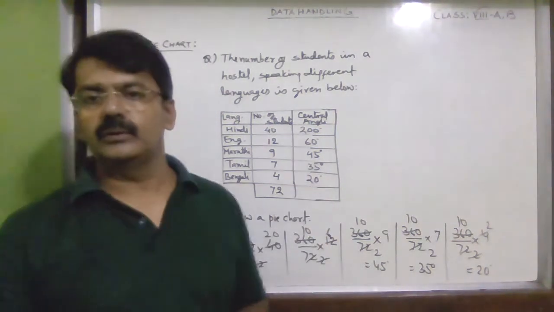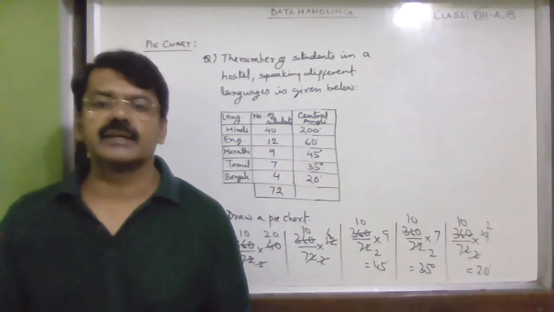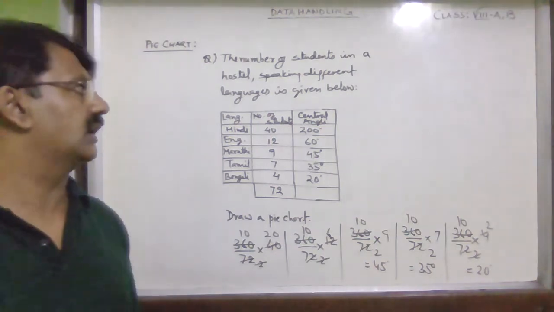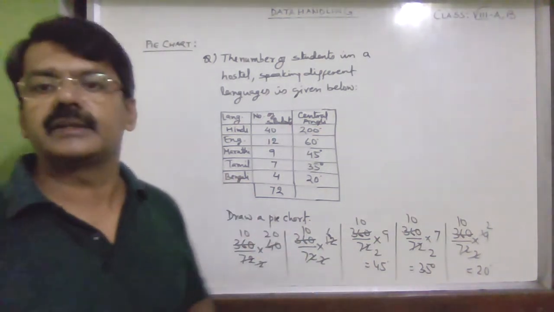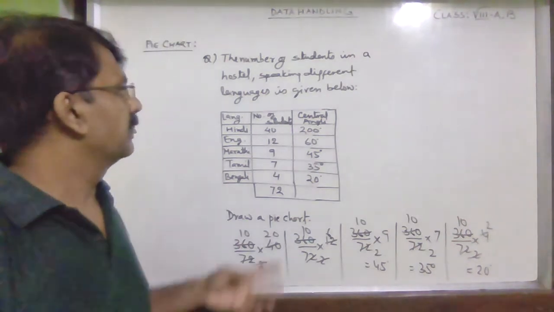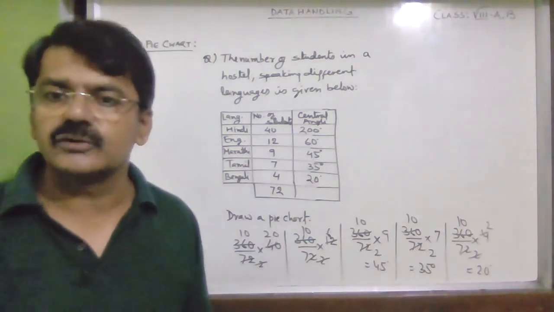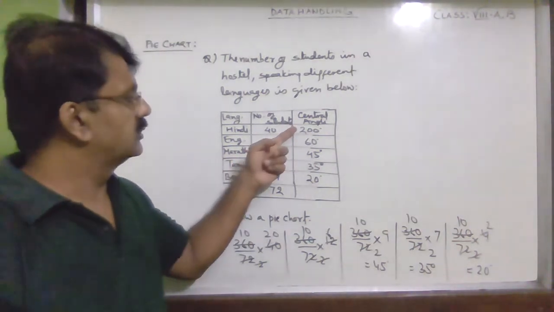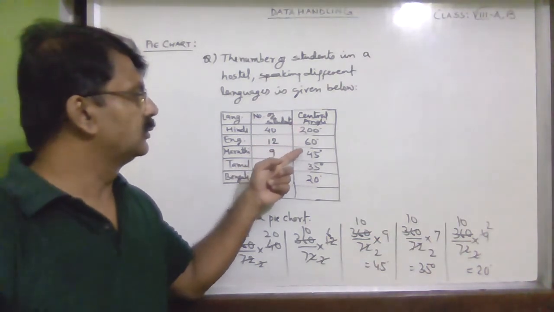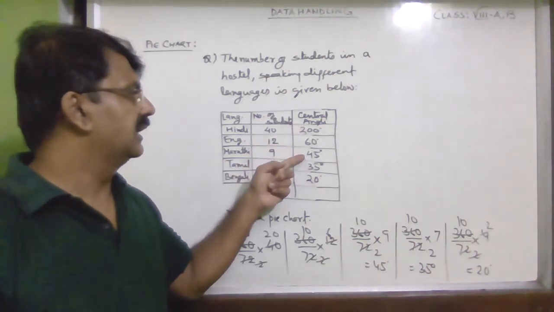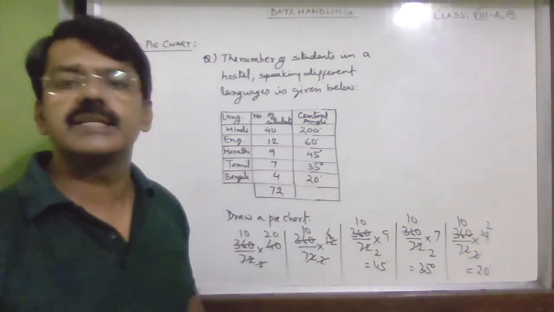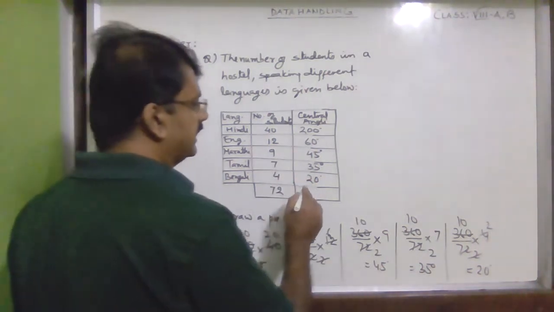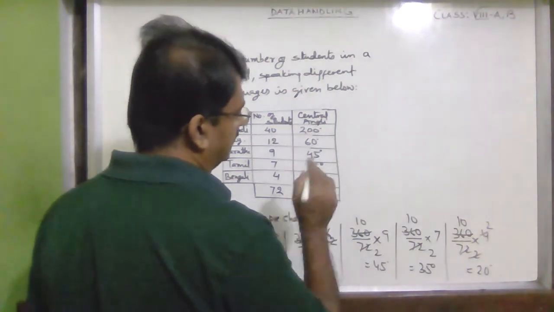Now I told you, whenever you find the central angle of all the different values of x, the sum of the central angles should be equal to 360. So 200 plus 60, 260 plus 45, 305 plus 35 will be 340 plus 20 is 360. So you can see the total angle is coming out to be 360.